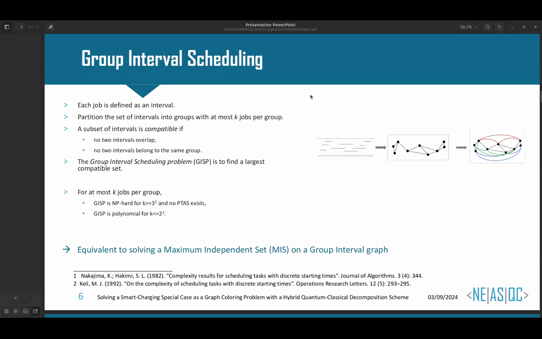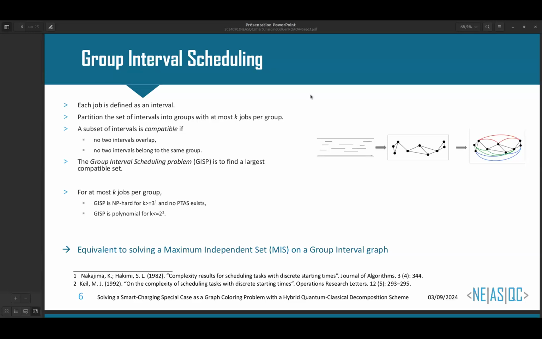On the right, you can see some intervals, and we could design a conflict graph. Each interval is represented by a vertex, and an edge is drawn between two vertices if they overlap.